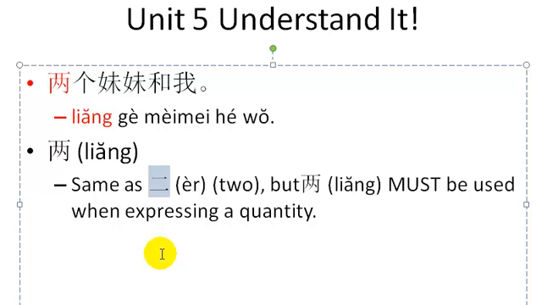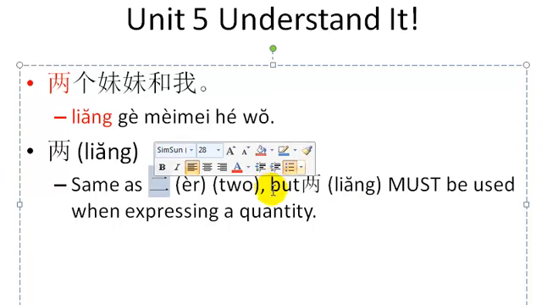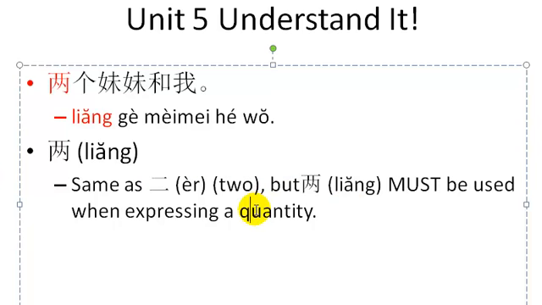You can say 3 people, 三个人. You can say 4 people, 四个人. But when you want to say 2 people, you cannot say 二个人. You must say 两个人. Okay? Just a very strange rule in Chinese about counting. Whenever you're expressing a quantity, any other number, you can just put it directly before 个, and it's fine, except 2 must be replaced by liang when counting a quantity.